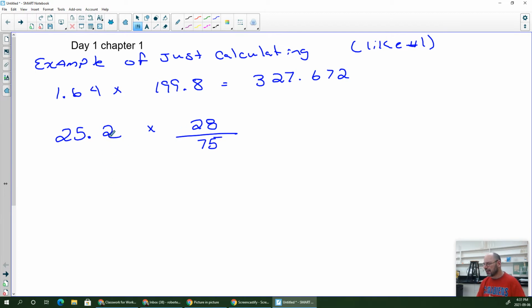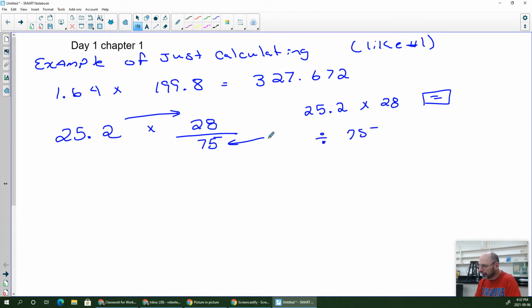If they give you something like that, what you do is you multiply these ones and then you divide this one. So you go 25.2 times 28, equal on your calculator, and then you go divided by 75. Okay, so you multiply the top and divide by the bottom. Okay, that's what that line means.